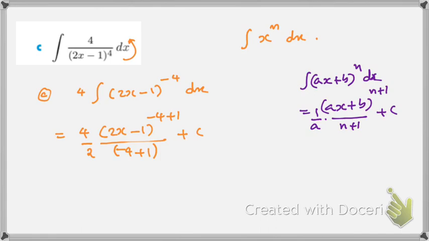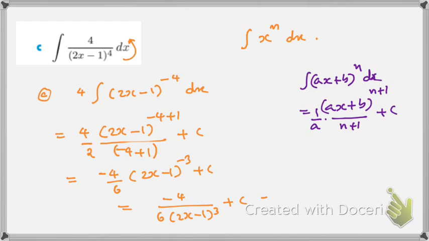So that's my 1 by a outside, which on simplification gives me minus 4 by 6 into 2x minus 1 to the power of minus 3 plus c. The negative power term can be brought to the denominator. So it gives me negative 4 by 6 times 2x minus 1 to the power of 3 plus c. Negative 4 by 6 further simplifies, and so that's my answer.